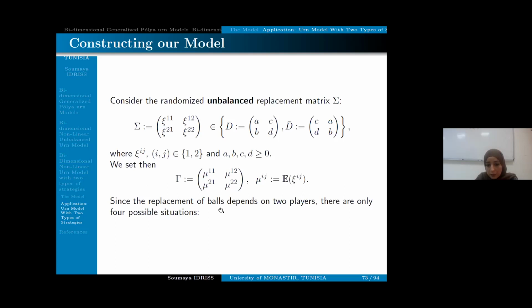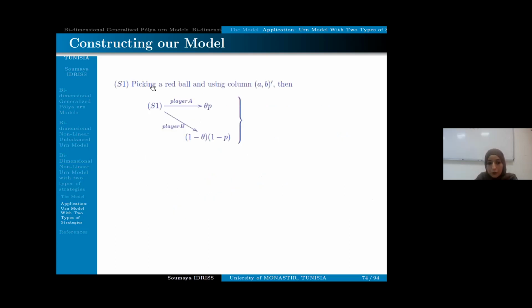Now, since the replacement of balls depends on two players, there are four possibilities. The first one, picking a red ball using the first column, which is done by either player A or player B. Then the probability of picking the first column equals this quantity.